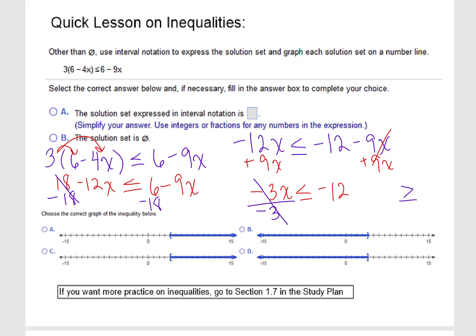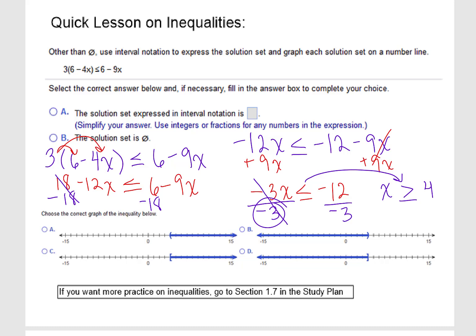So finish off the math. Negative 3x divided by negative 3 would have just left me with x. Negative 12 divided by negative 3 equals positive 4. But notice that my sign flipped. And the reason that that happened was because I divided by negative 3.